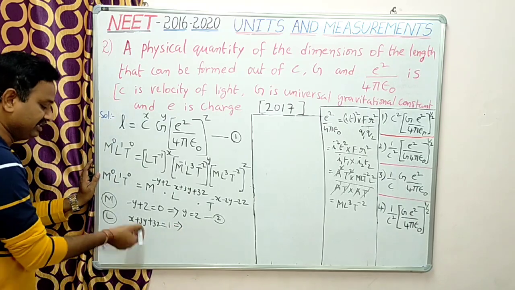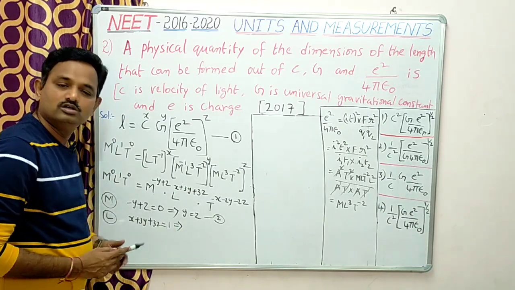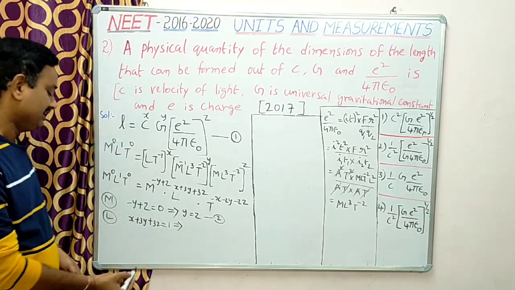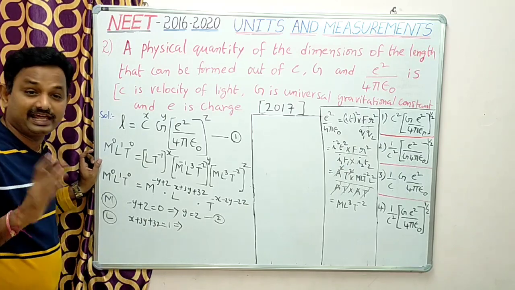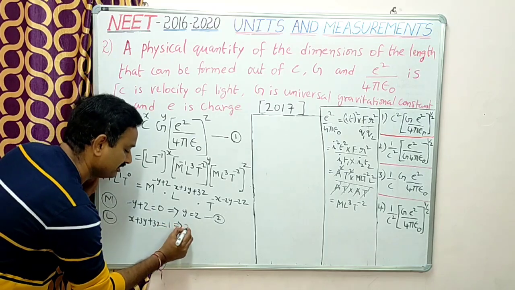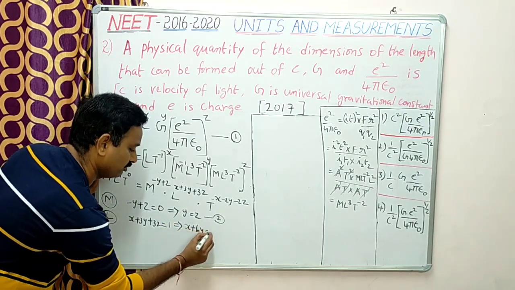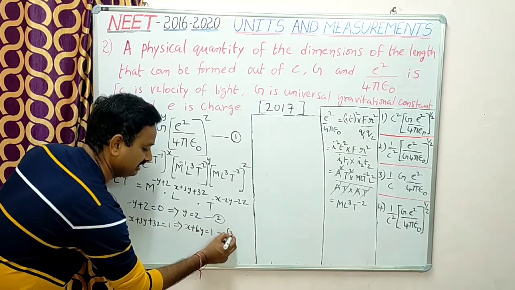From equation 2 we know that y equal to z. In the place of z, if I take y, then I will get x plus 6y equal to 1, that is equation 3.